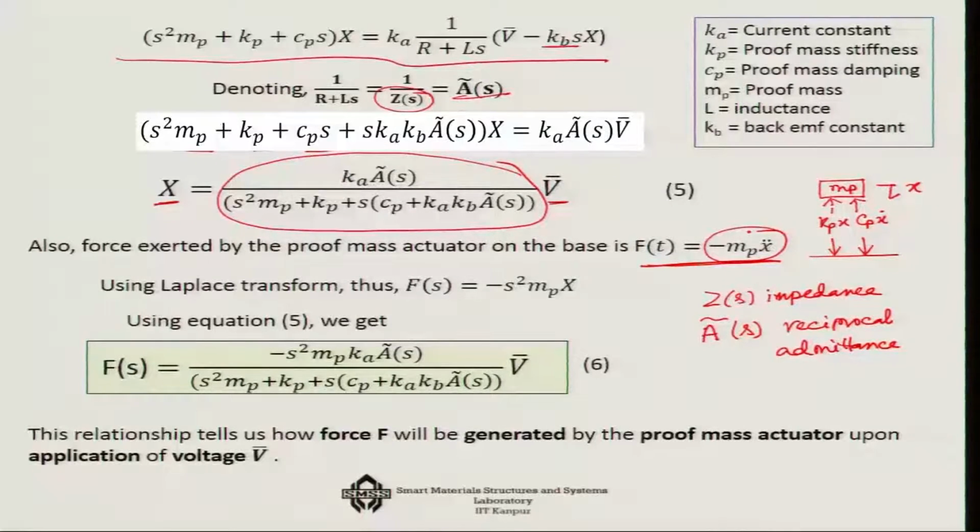So, the force that has to be generated has to be the negative of it, because it is in the opposing direction. Then Ft is minus Mp x double dot.